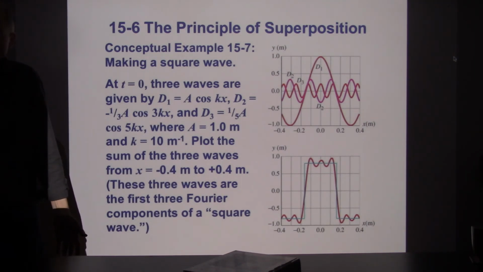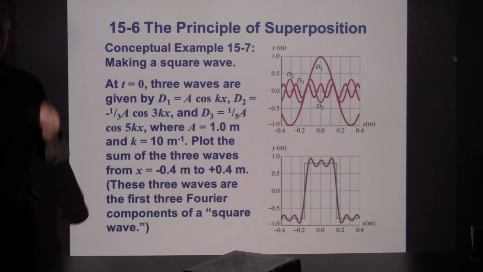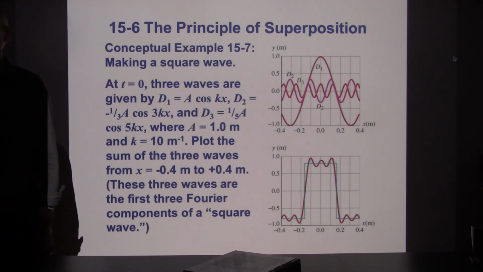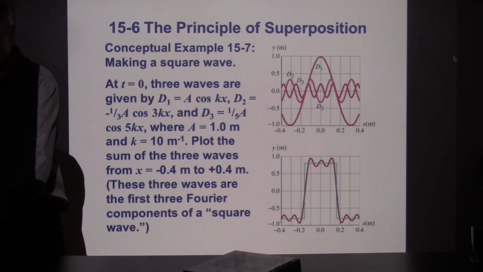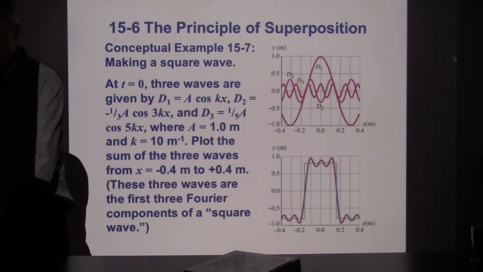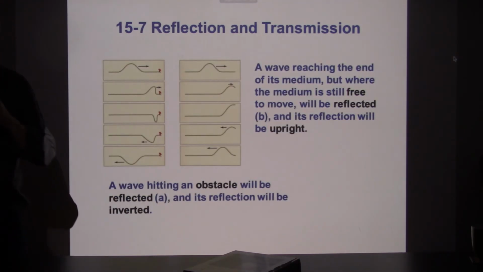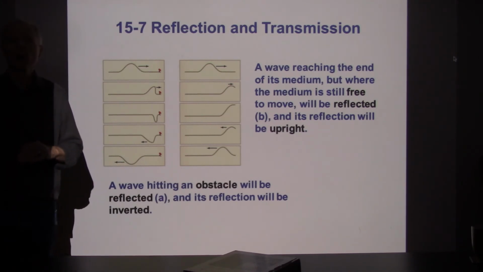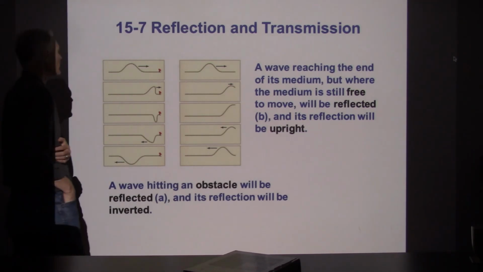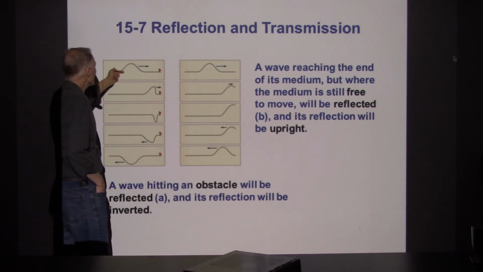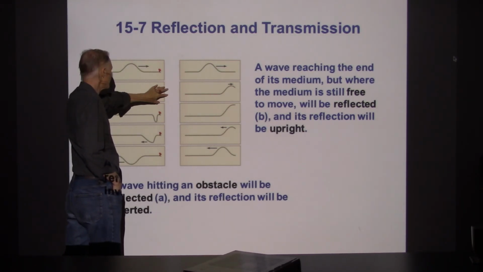Even a single pulse can be broken down into a combination of different sines and cosines. So that's kind of interesting that any functional shape, any functional profile can be decomposed, deconstructed into a combination of different frequencies.